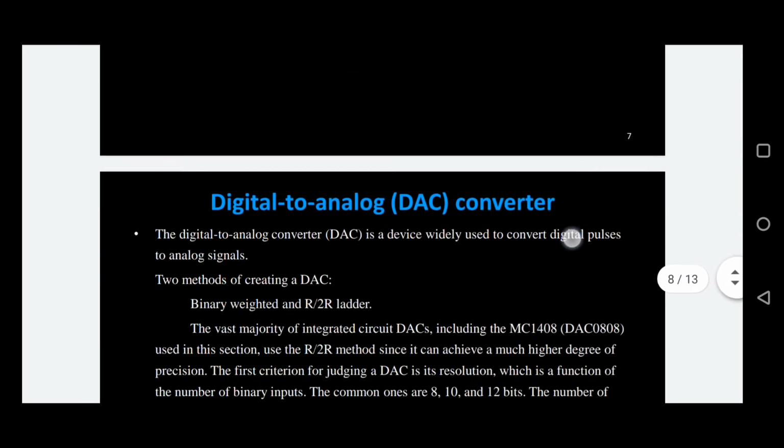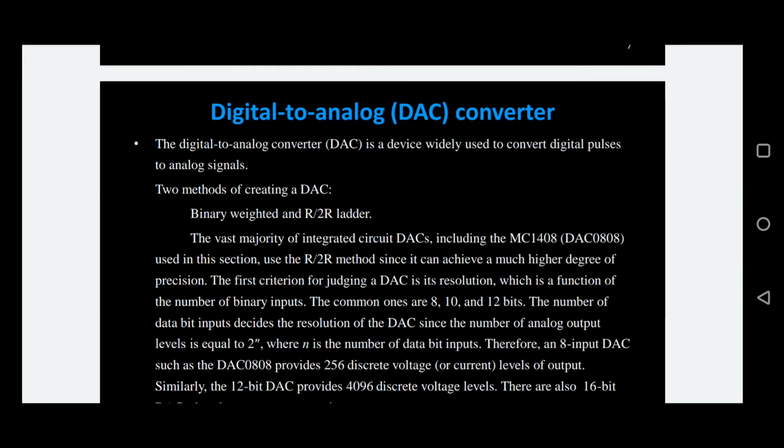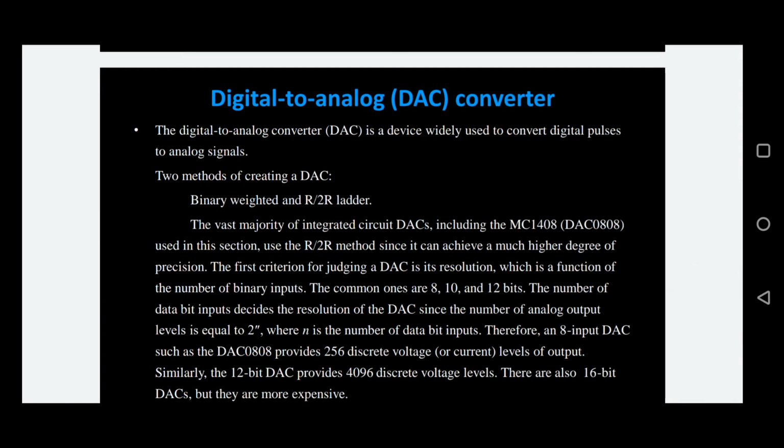The DAC is a device widely used to convert digital pulses to analog signals. There are different methods of creating a DAC: the binary weighted DAC and the R-2R ladder DAC. So this is the basic definition of the DAC converter, and the two methods are binary weighted and R-2R ladder.